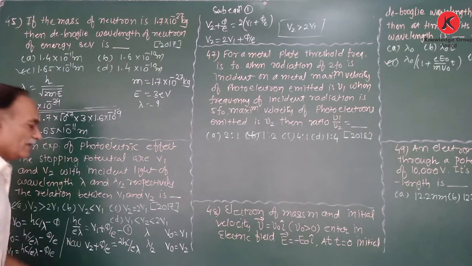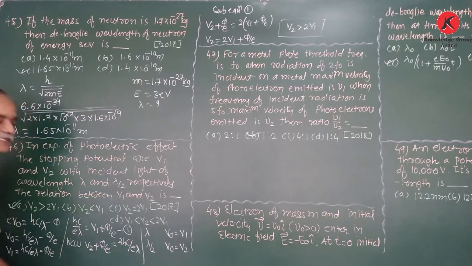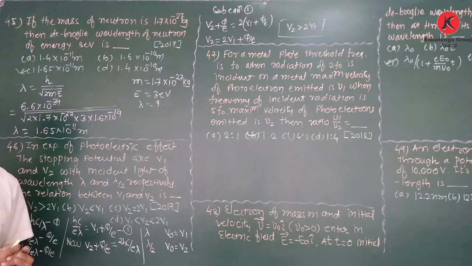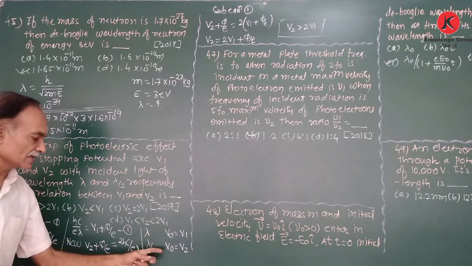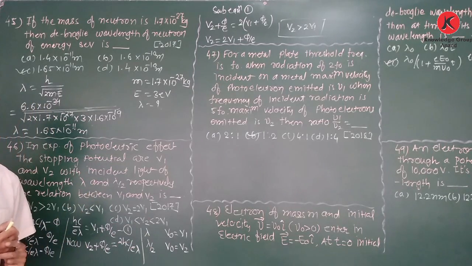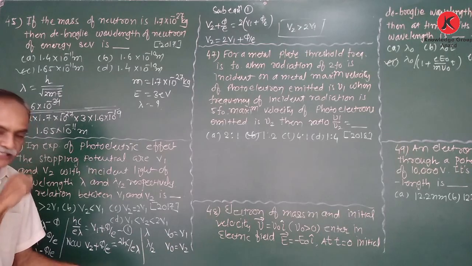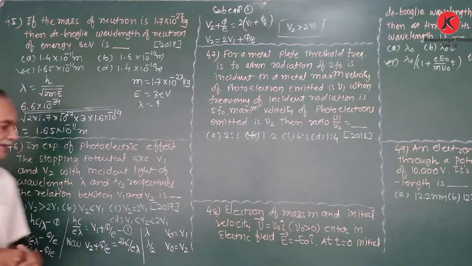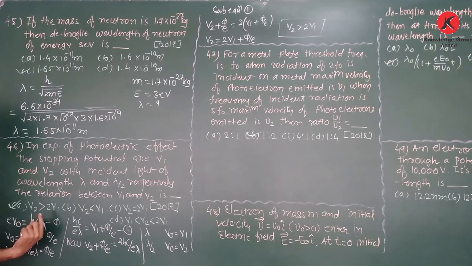Again, when the wavelength of incident light is lambda, the stopping potential is V1. And when the incident wavelength is lambda by 2, the stopping potential is V2. What is the relation between V1 and V2? From Einstein's photoelectric equation, EV0 is equal to Hc upon lambda minus phi.